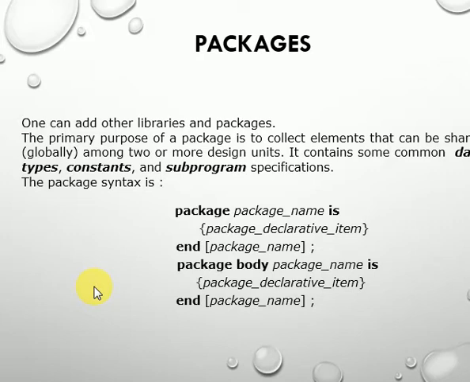Okay, so here this package body is not required if no subprograms are required in the package declaration. So it is not mandatory to have a package body; just declaring the package declarative item is also sufficient if no subprograms are present.